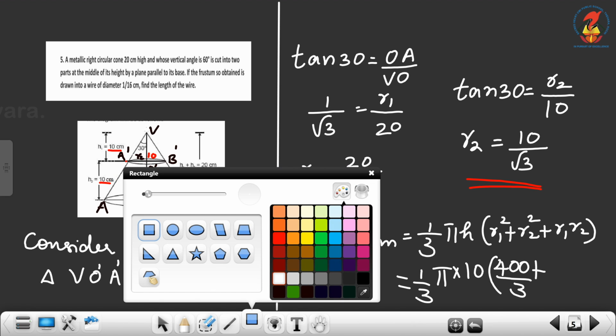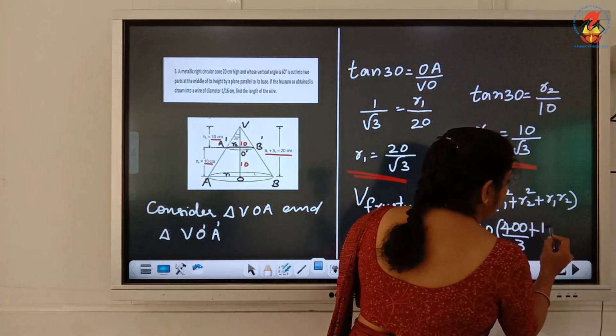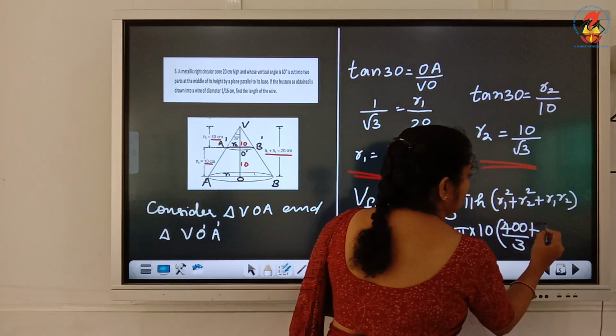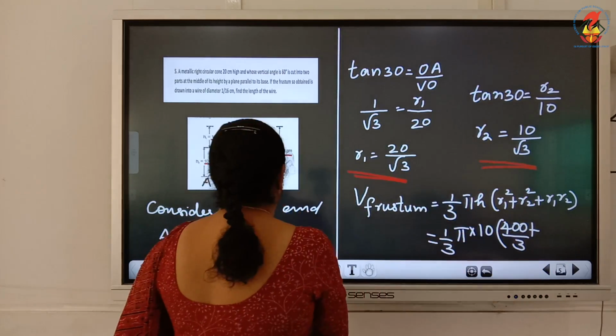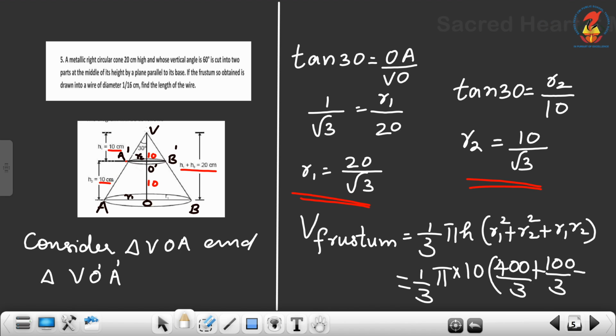What about R2? 10 by root 3, so it is 100 by 3. Then R1 into R2 is 200 by 3.